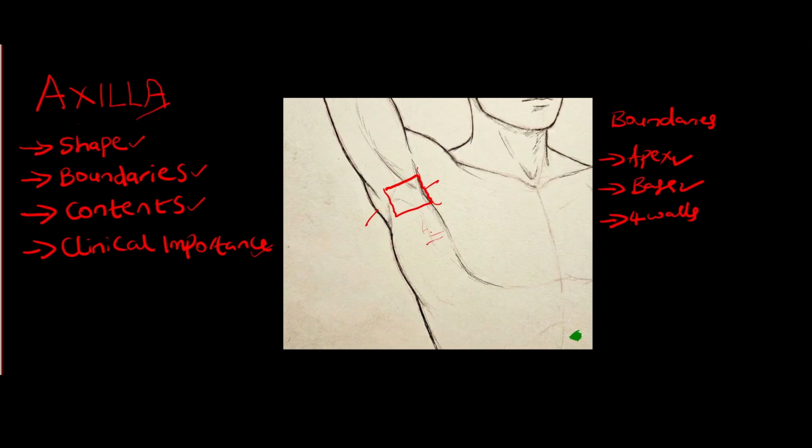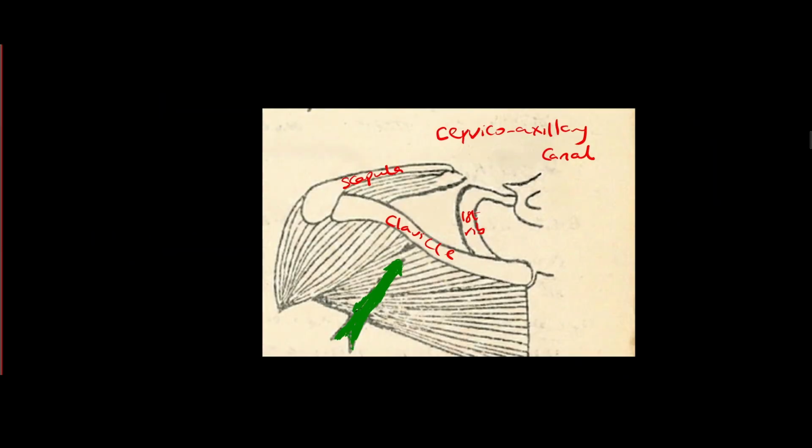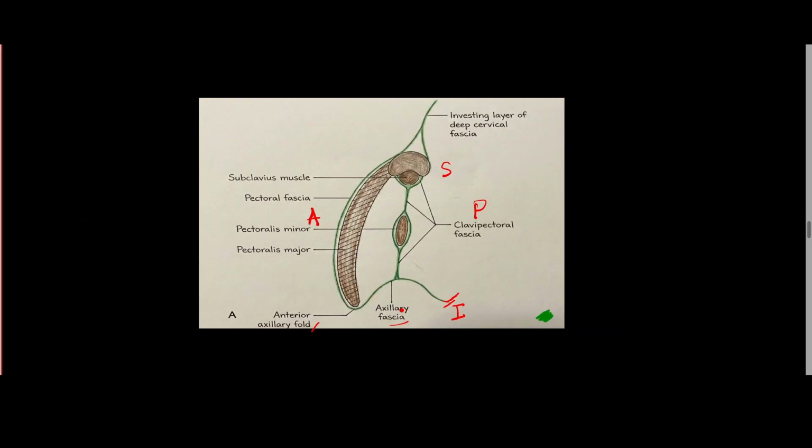Now let's look at this diagram again. Now you can see that the axillary fascia is drawn upward by this structure, and this structure is called the suspensory ligament of the axilla.